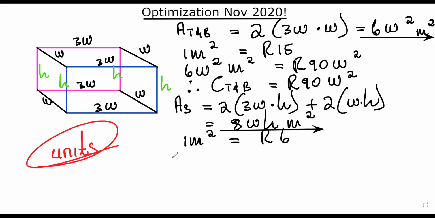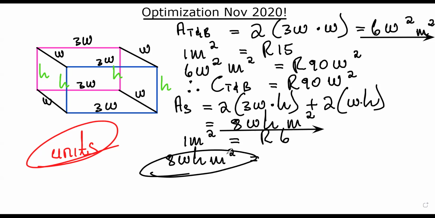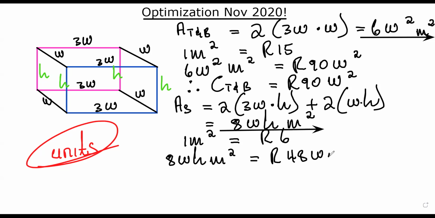So now we want to know how much will 8 meter squared cost? Well, here we take this one and divide it by that and multiply it by that one. So when you say 8 by 6, you simply get 48 rands. And that is the cost of the sides.